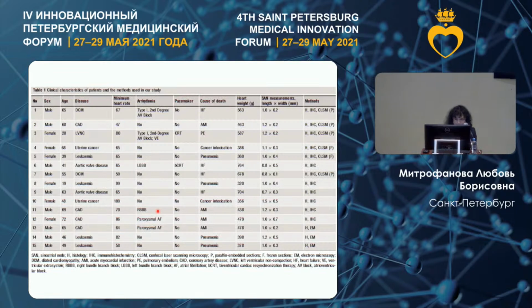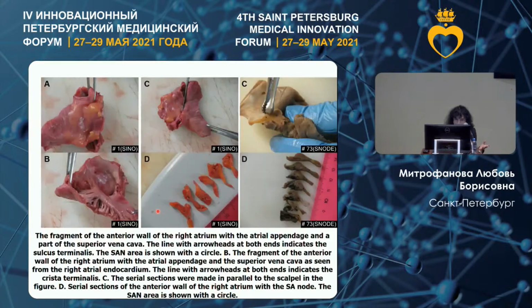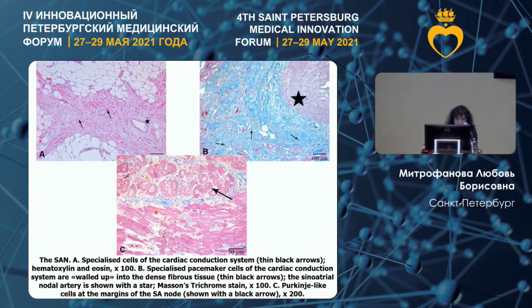We took 15 patients, followed them up, studied them, found the sinus node. It's quite a laborious process. That's the way it looks. It's a sandwich principle, so that it doesn't contact anything.